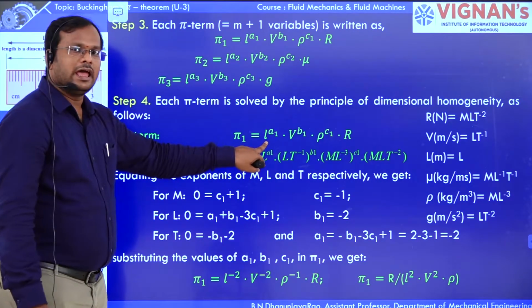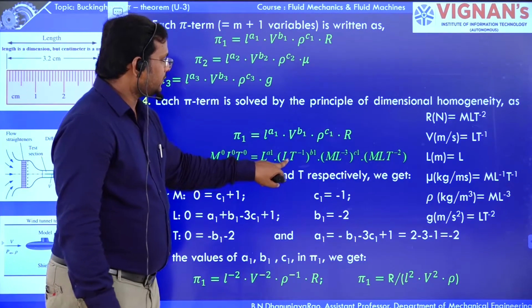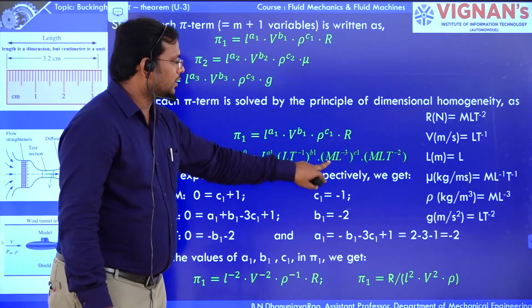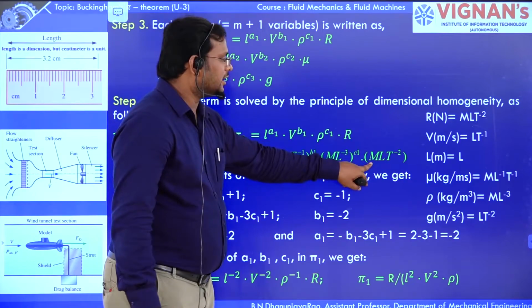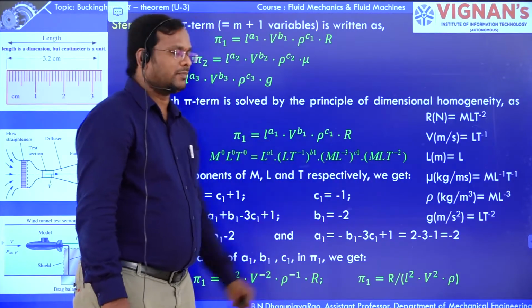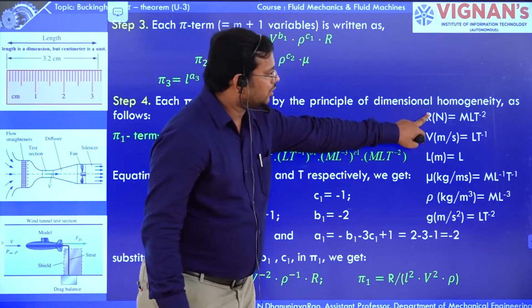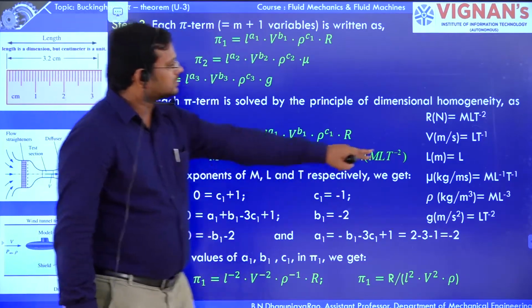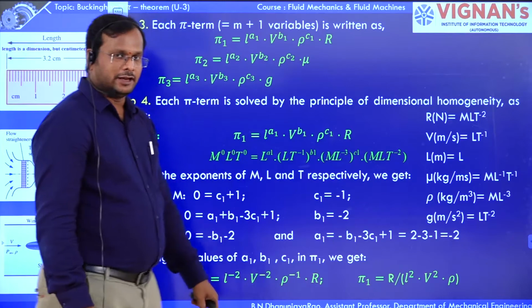Here, length L, L power A1; here V, velocity, is L T inverse; here rho is M L power minus 3; and here R is M L T power minus 2. So for better understanding, I wrote all the fundamental dimensions of these variables here. We need to substitute all those variables in this particular pi term.